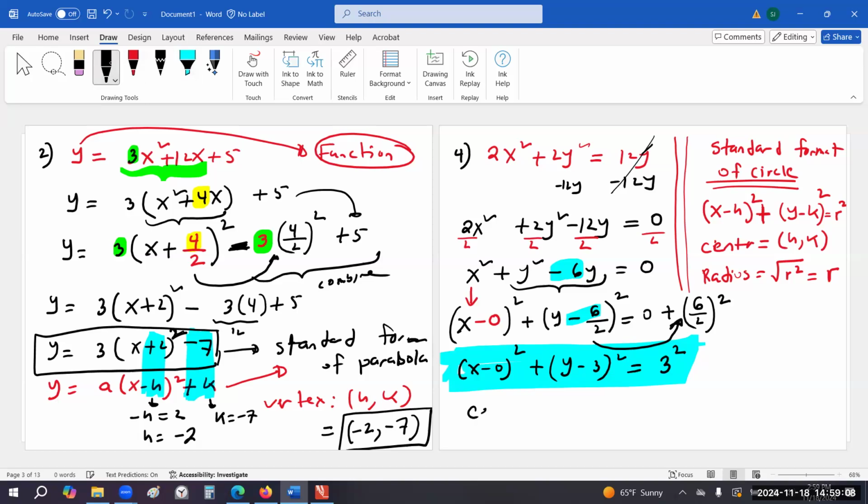Now we just have to give them the center. What's the center of the circle? 0 and 3: 0 from here and 3 from there. And the radius is the square root of 3 squared, which is 3.